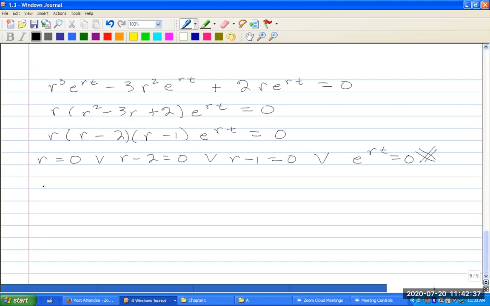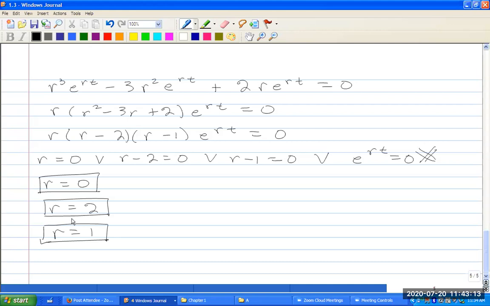So either r is 0, r is equal to 2, or, adding 1 to both sides, r is equal to 1. And so I have found all the values of r such that e^(rt) is a solution to my particular differential equation.